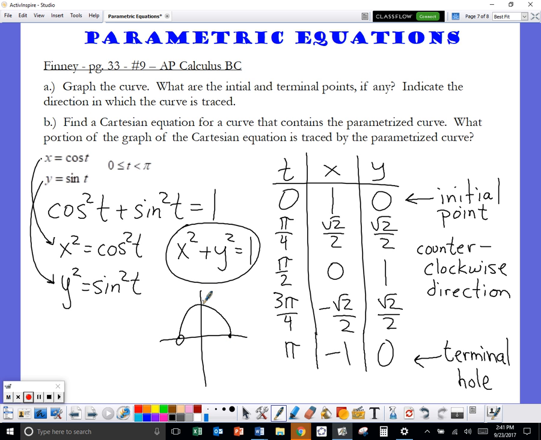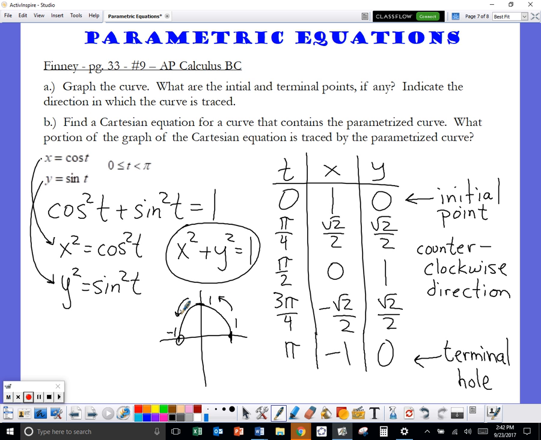And that's the portion of the circle that we get. Okay, so we get the top half of the circle, almost with a hole on the left-hand side. And as you can tell, there's our direction.